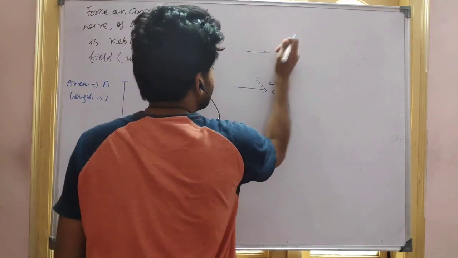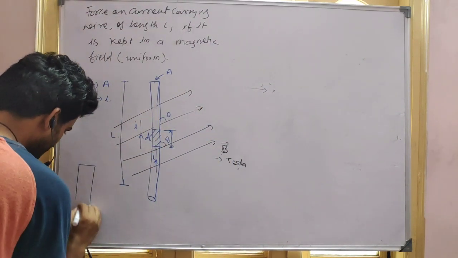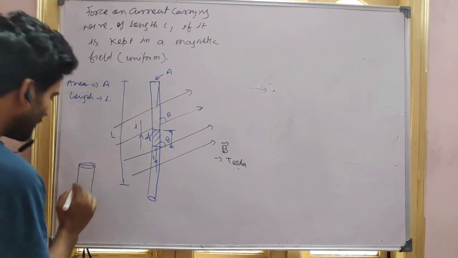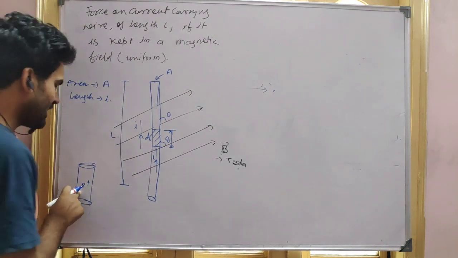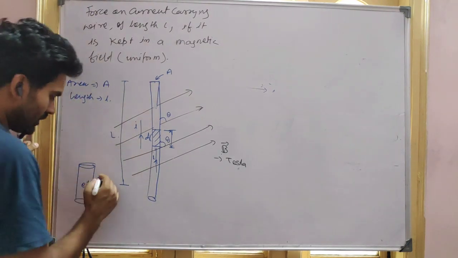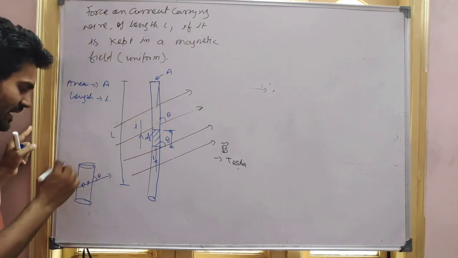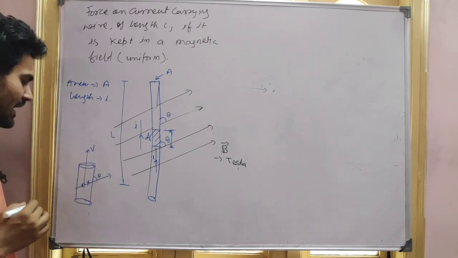Let's say in this dl length a particular positron is here, the field direction is this, this is the theta, and this positron is moving in this direction with some velocity v.